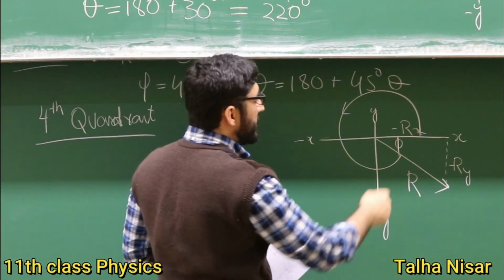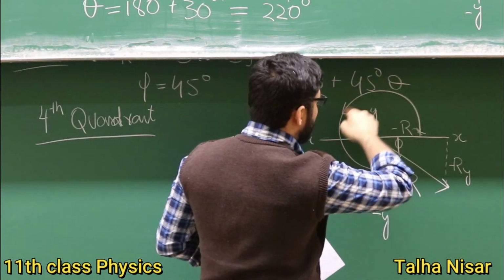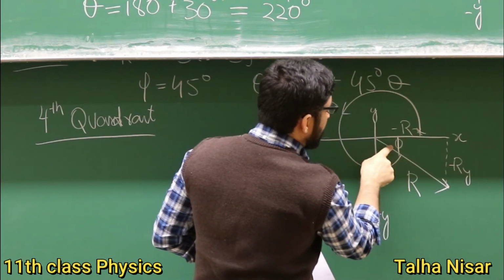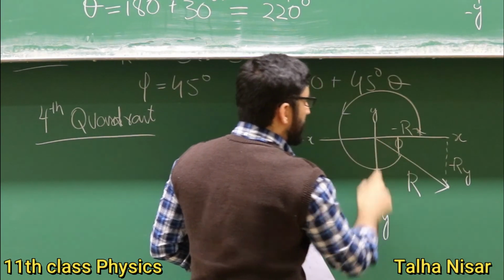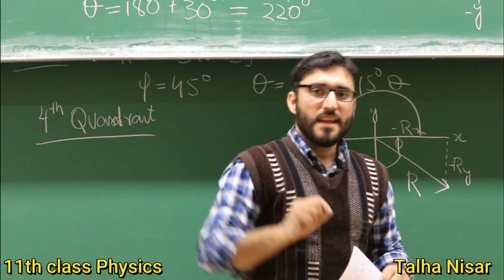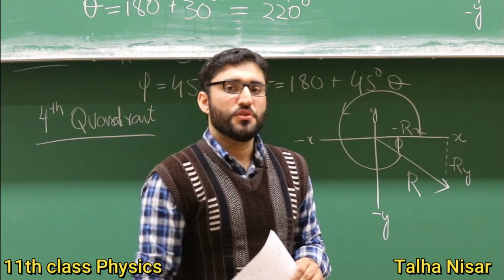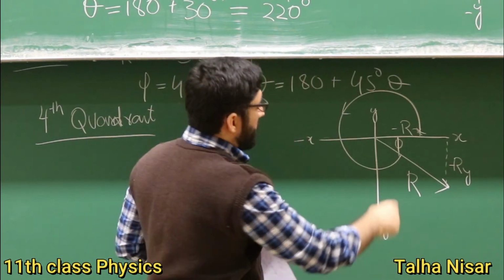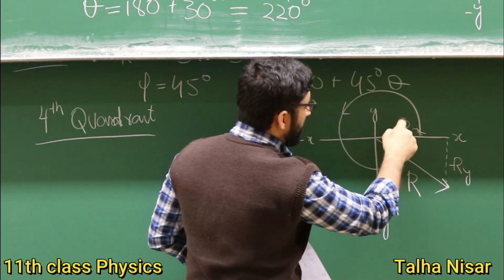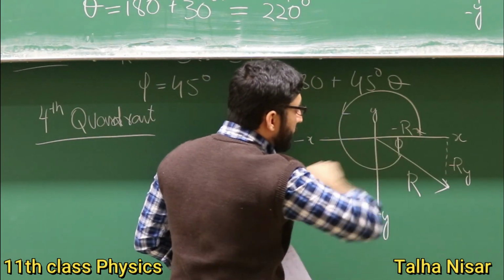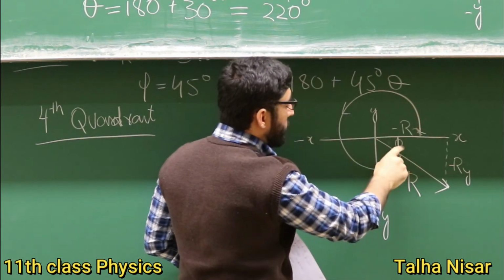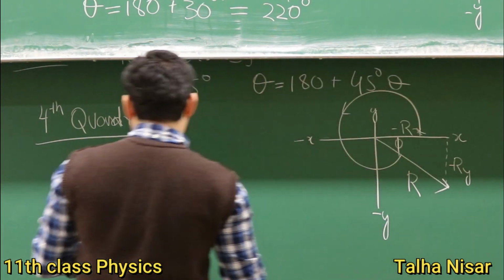This is almost a complete circle minus this phi. The complete circle is 360 degrees, so if we subtract phi from 360 degrees, we get this angle.